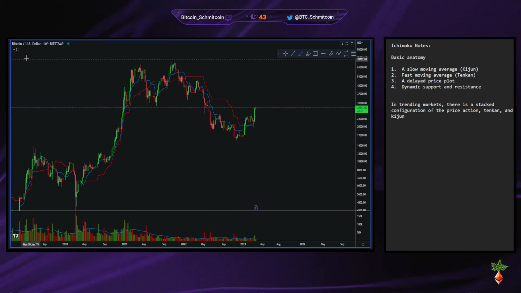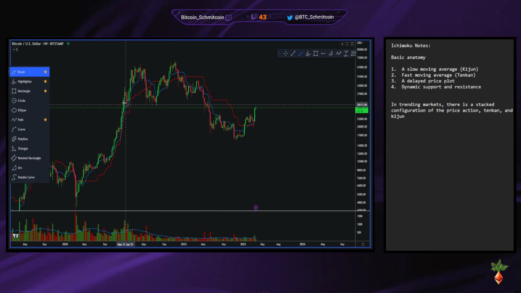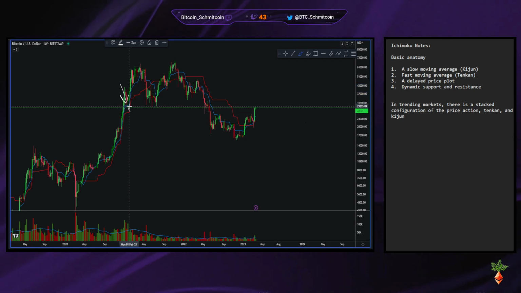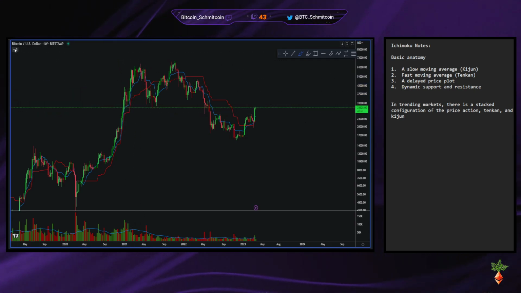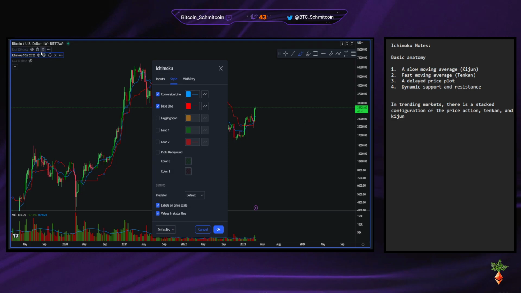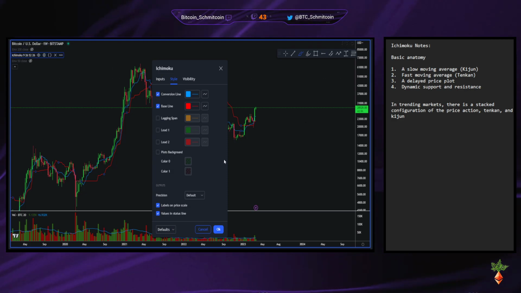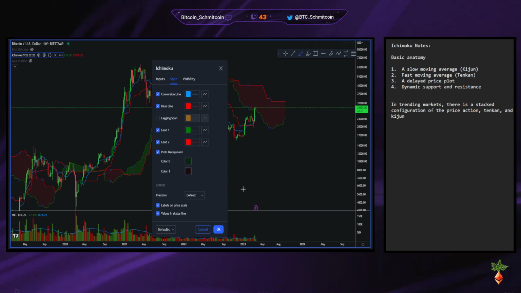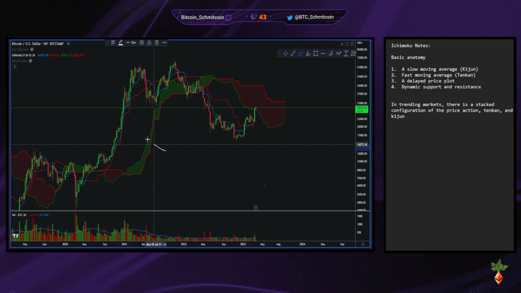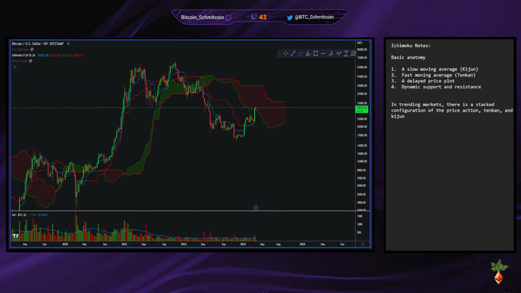Now, when we look at this, it's not enough to just say, well, price is above and then above and above. With the cloud, it's a little bit more nuanced than that. So with the cloud, you have the actual cloud itself, which is something like this, right? This is also called the Kumo.